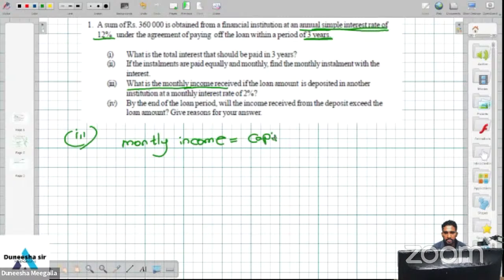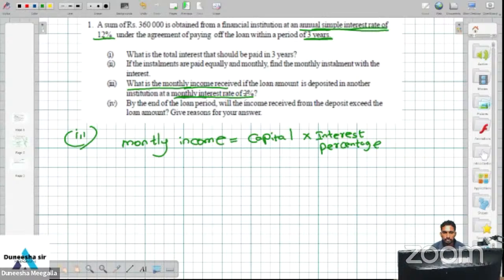capital multiplied by interest percentage. Then in the question, given monthly interest rate 2%.